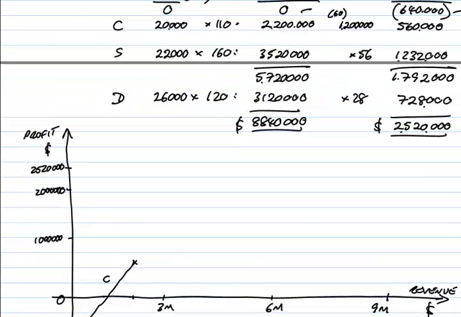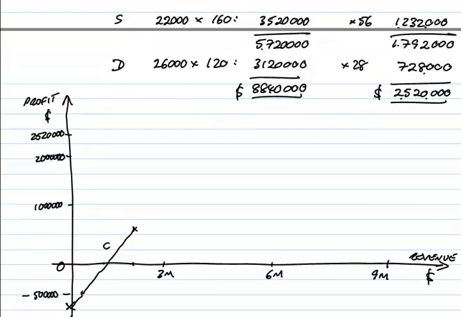Right, we've got to that point, then we start selling S, and S takes the total revenue up to 3.52 million. 4, 5, about there. And it takes the contribution up to 1.792, which is about here.